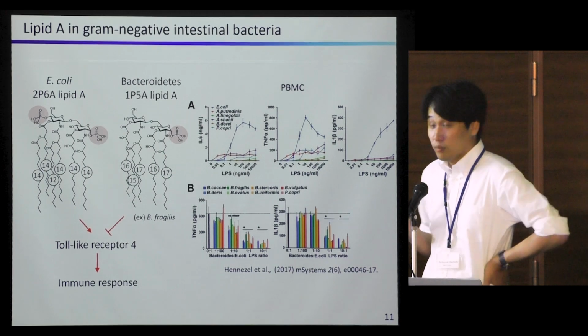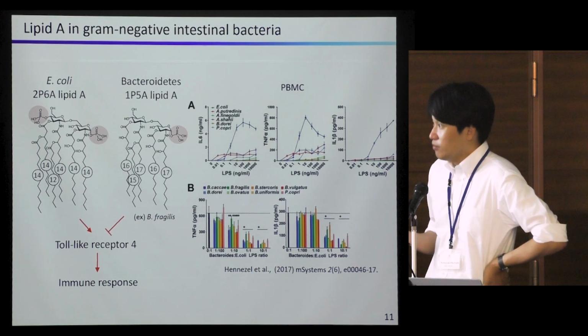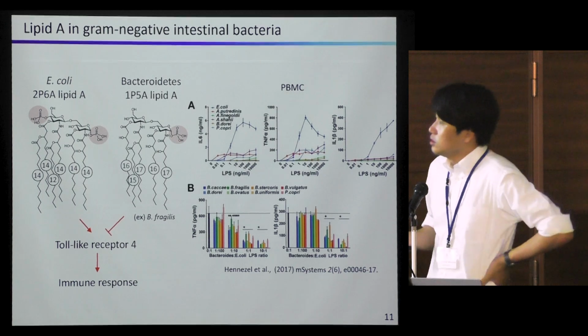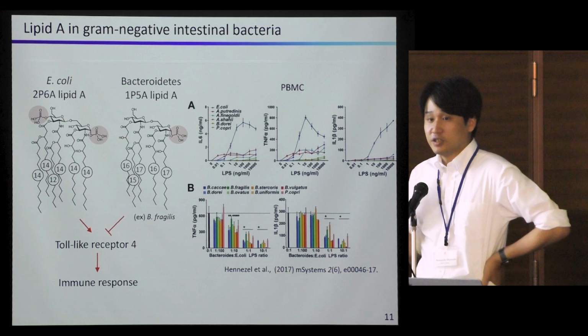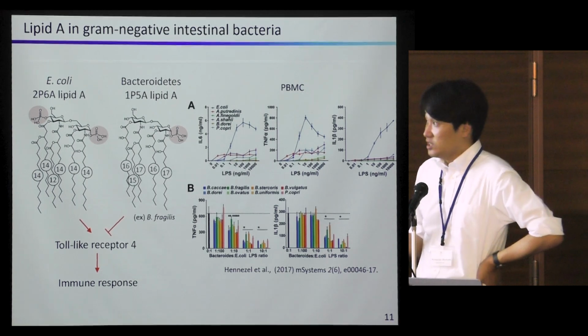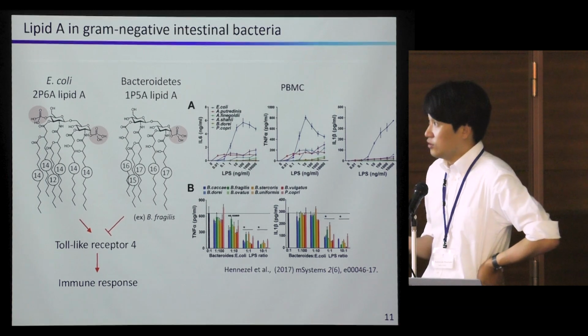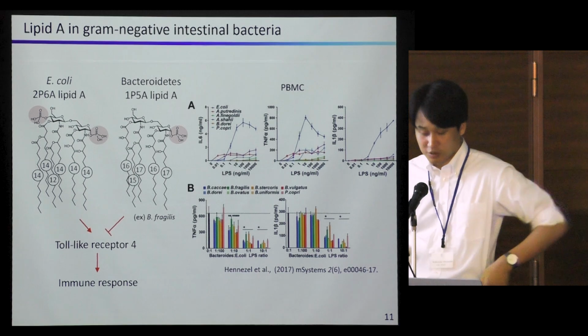This is the example of Bacteroides fragilis, and this structure may inhibit the signals. But this is one example, Bacteroides fragilis, and other cases are not examined. So in this study, I tried to resolve the structures of Bacteroides-derived lipid A.